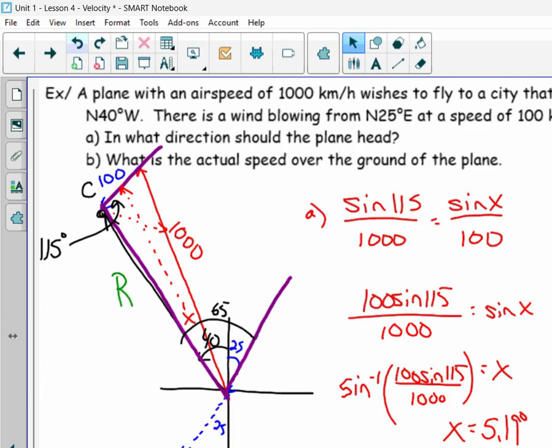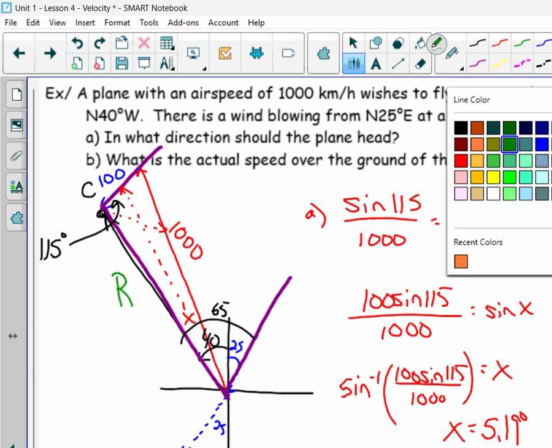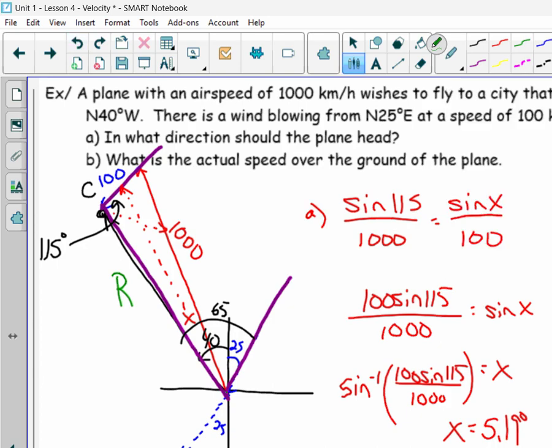So the question said, which way should the plane head? Remember, the plane is trying to head this way along the red line, right? Oh, that's a green line now. Along the green line, which was less than where it ended up. So how do I get that green line? Well, remember, this was 40. We just figured out the x.